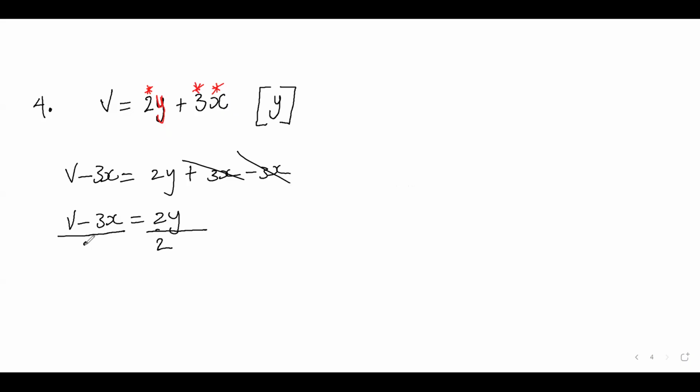Divided by 2. I need to see this. If you don't show me this, then you're guessing. Oh, I didn't divide both sides. I just put the whole thing over 2. Then when you cancel it, you should have y on the left-hand side and V minus 3x over 2. Now you could write, therefore, y is equal to V minus 3x over 2.